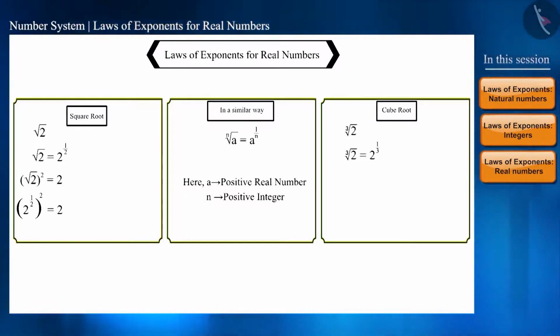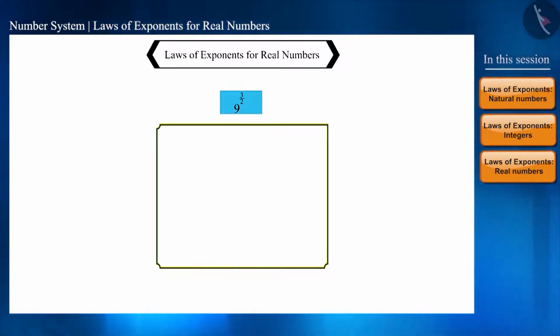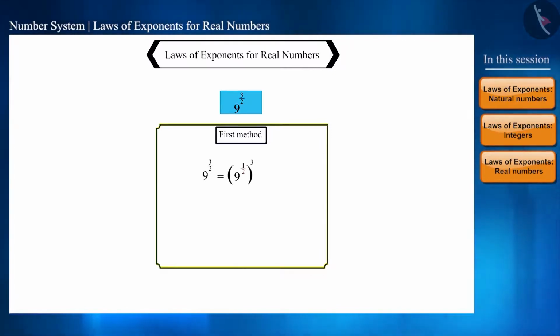Now look at this number, 9 raised to the power 3 by 2. We can write it in two ways. The first method is 9 raised to the power 3 by 2, which can be written as the square root of 9 in brackets to the whole power of 3. Square root of 9 is 3. 3 raised to the power of 3, and we get the result as 27.